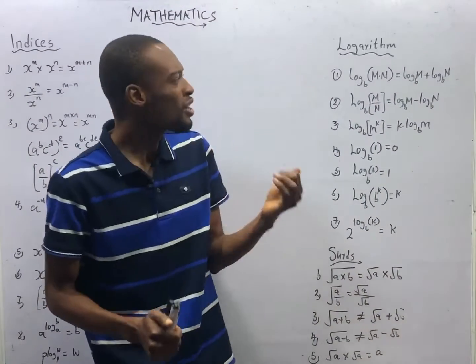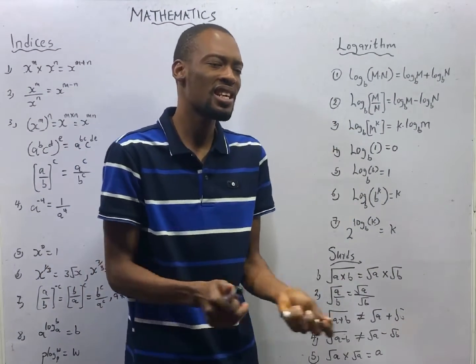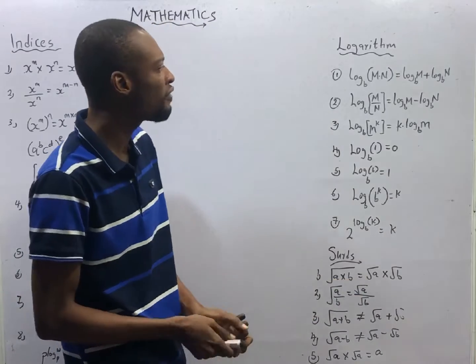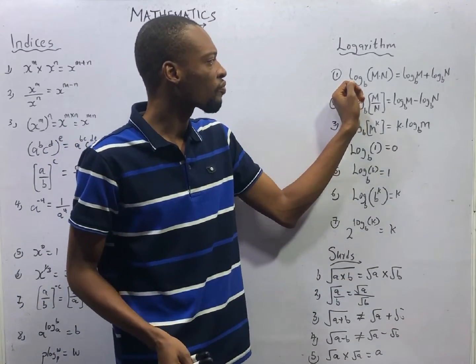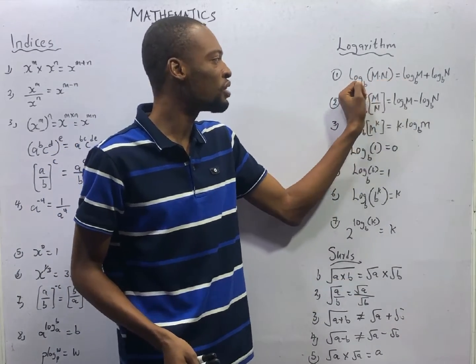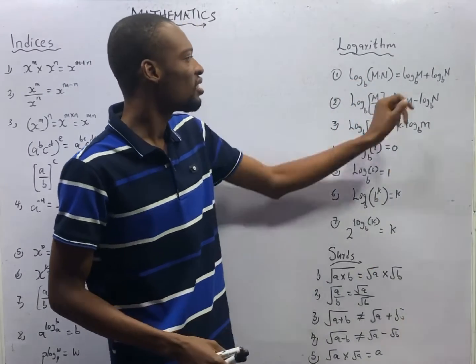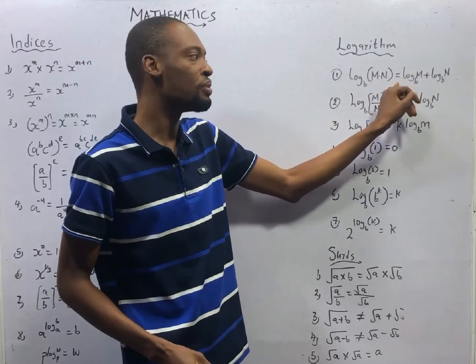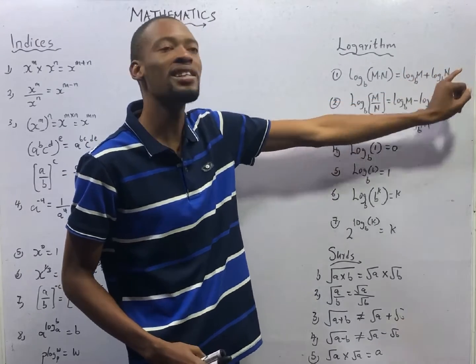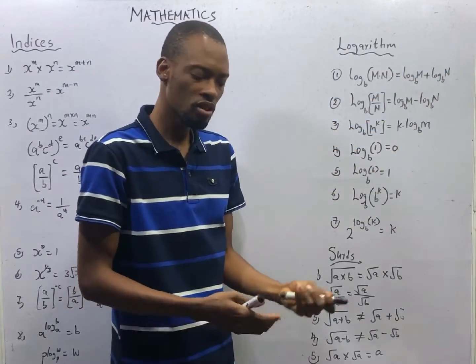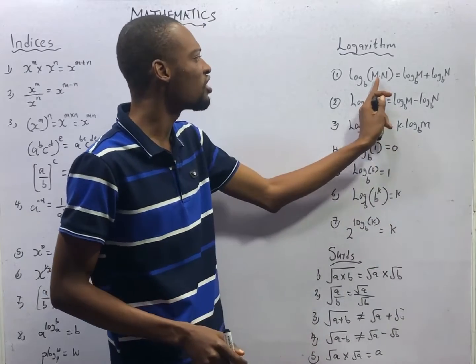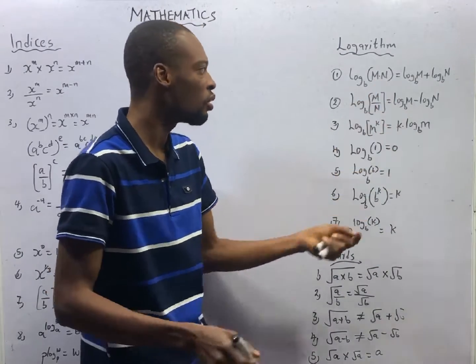Now, the first law of logarithm states that if you have log mn to base b, this is the same thing as log of m with base b plus log of n to base b. This law is referred to as the multiplication law.